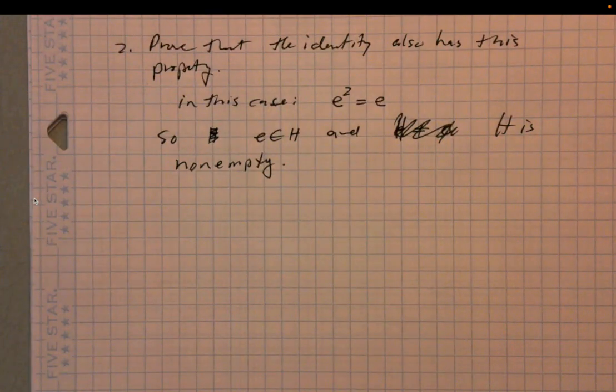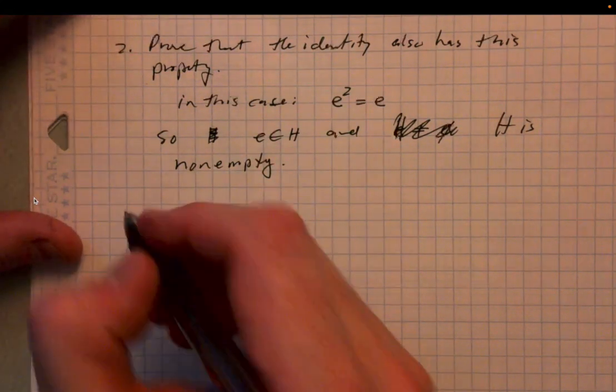All right. And then the third thing to do is to assume two elements have this property, i.e., that two elements are in the subgroup, and then to use this assumption to show that A times B inverse also has this property.